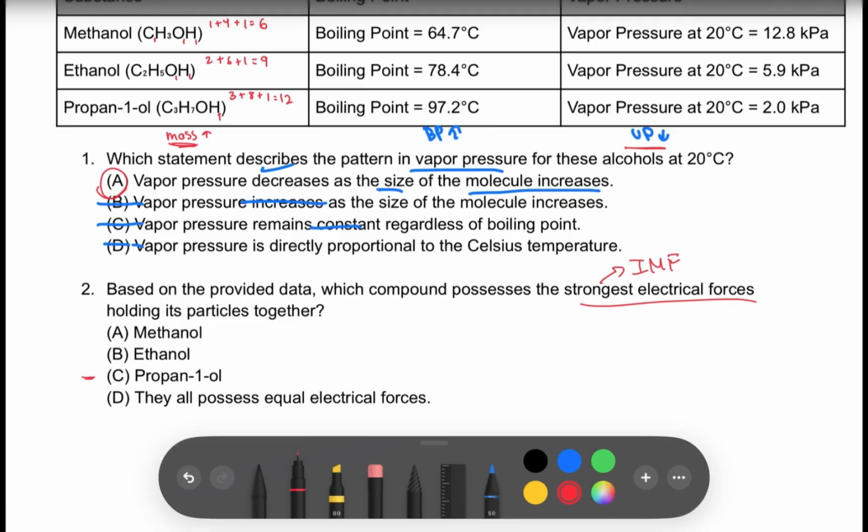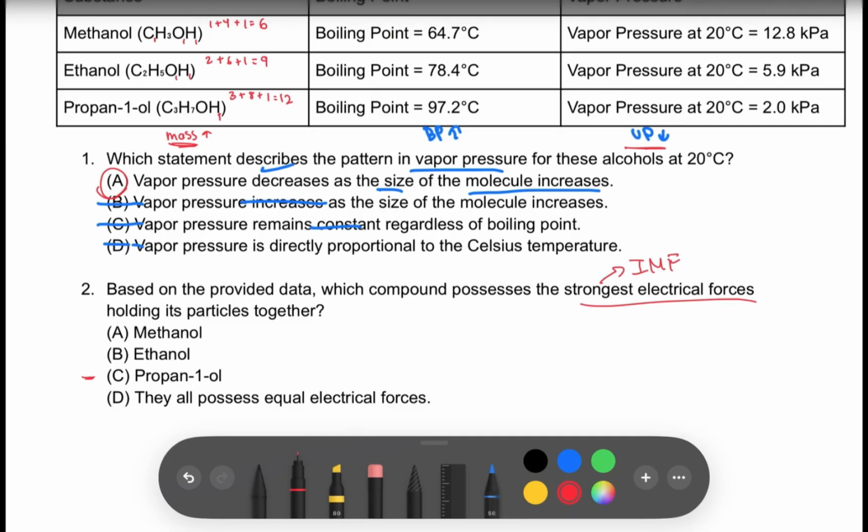So since propanol has the highest boiling point, that means that we need to use a lot of heat in order to get propanol to start boiling, in order for the molecules to start separating. And because we need a lot of energy to get the molecules to start separating, that means that the intermolecular forces holding the molecules together are already strong, because it takes a lot of energy in order to get them to separate in the first place.